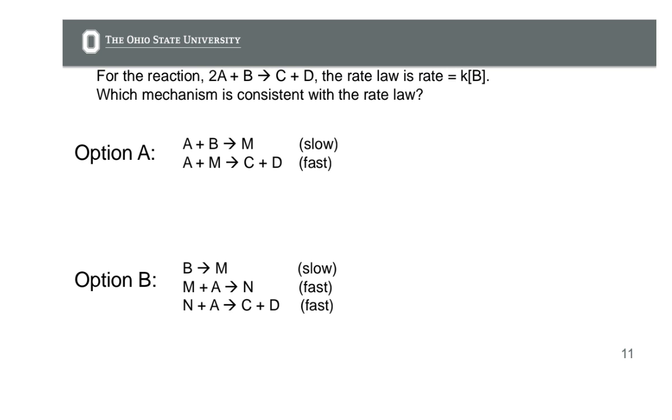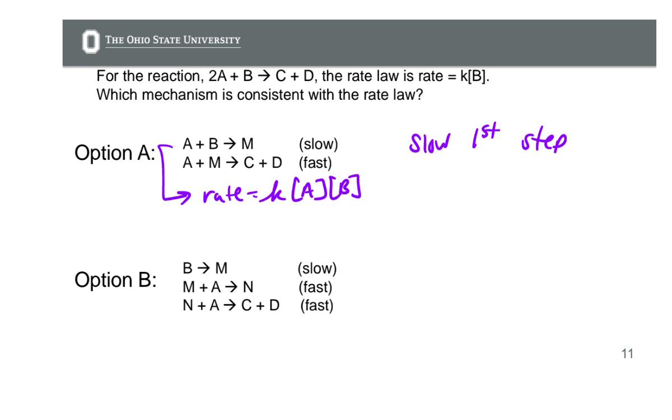So in both of these, we have a slow first step, okay, which means that we could get the rate law based on that first elementary reaction. So for option A, we would get rate equals k times the concentration of A times the concentration of B. And in option B, we would have rate equals k times the concentration of B.